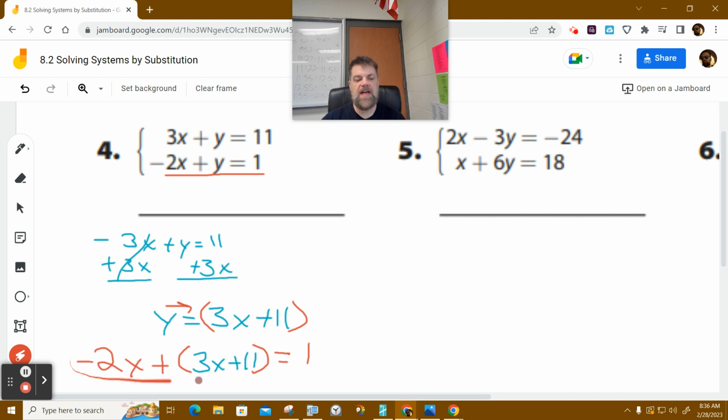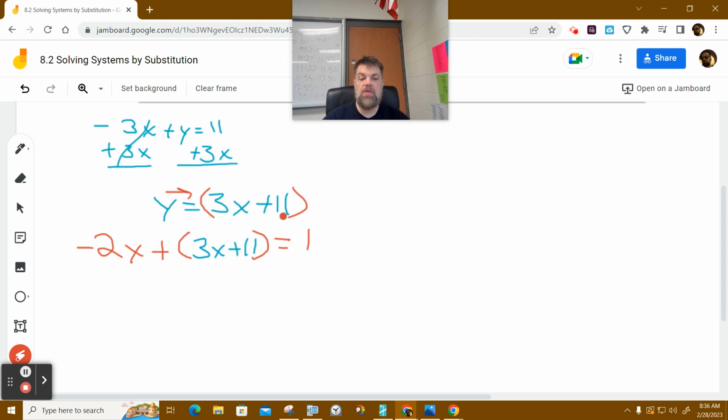There's only x. That's not an accident. If I have x and a bunch of numbers, I can make it look like x equals some stuff. But if I have two variables, no matter how I move it around, there's going to be an x on one side and y on another side, and I can't really solve it. But when I have just x's and numbers, or just y's and some numbers, I can make it look like x equals some stuff, or y equals some stuff. All right, so now we're just doing algebra.